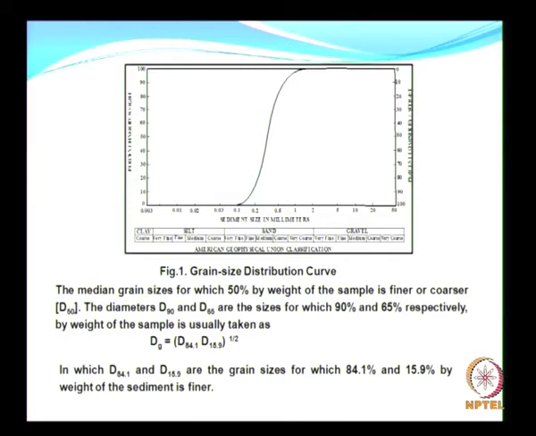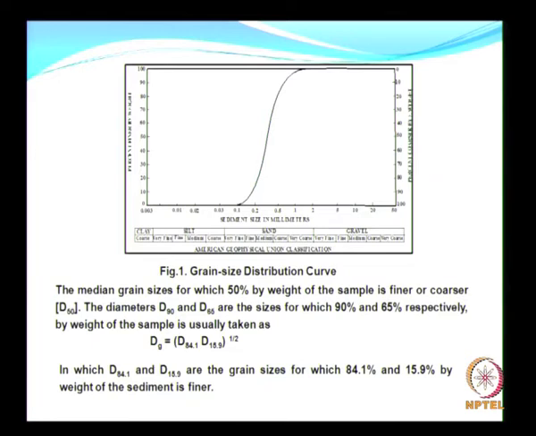So if you look at this picture, suppose I want 20% finer, 20% finer means the grain size will be around 0.3. Naturally when I say 20% finer, it will be 80% coarser.